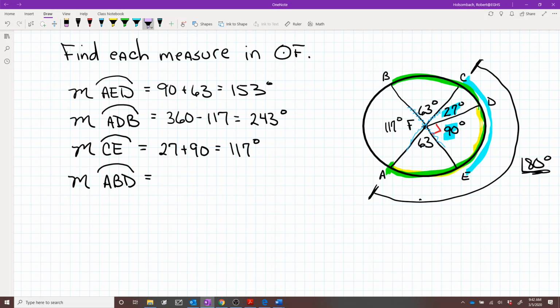ABD starts at A, goes through B, and ends up at D over here. So that's all these three. So that's 117 plus 63 plus 27, and that's 207 degrees.